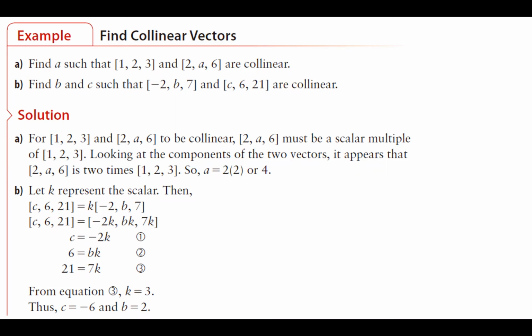So the corresponding components should be equal: c equals -2k, 6 equals bk, 21 equals 7k. From the third equation, we know k equals 3. Thus c equals -6 and b equals 2, right? Okay, any questions?